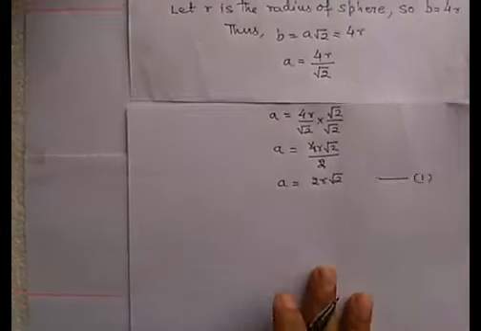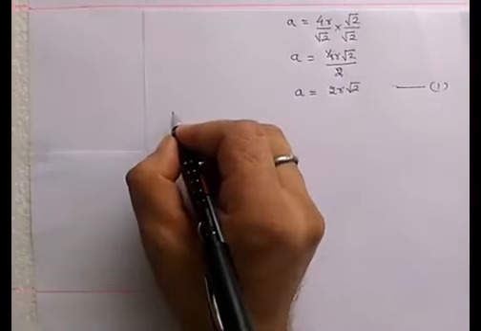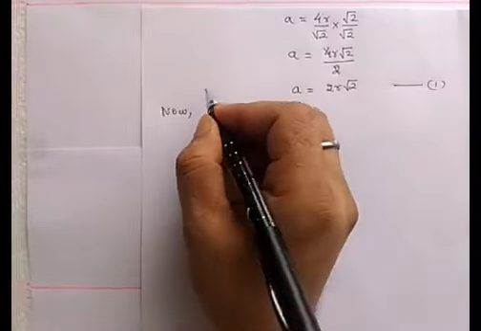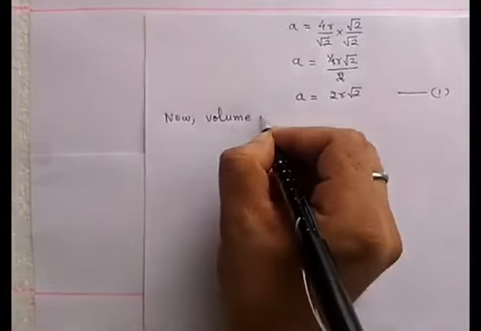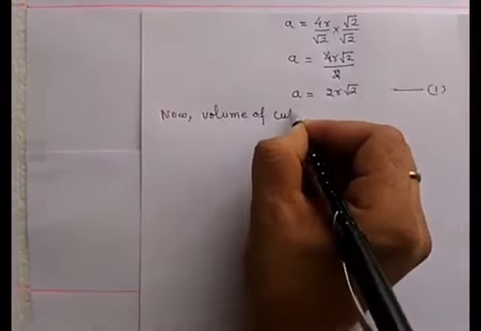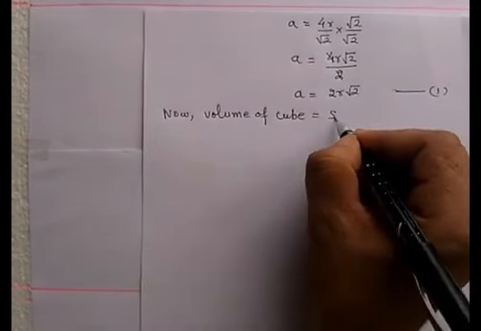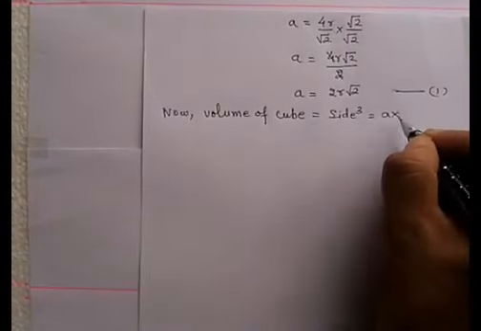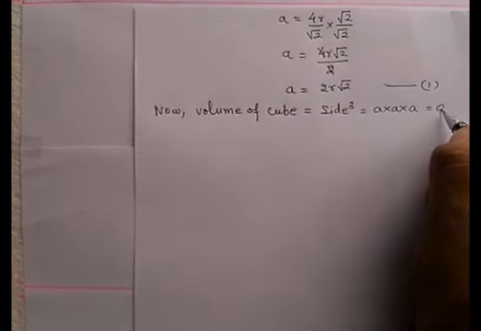Again, we are taking another value. Now, volume of cube. We all know it is side cube. So we are getting a into a into a, or simply a cube.